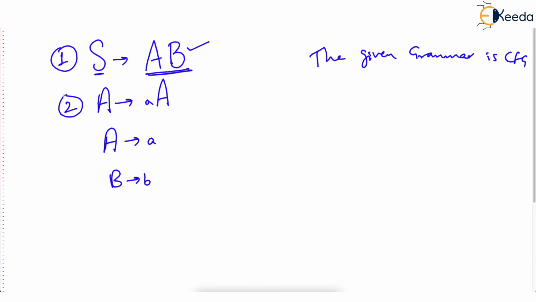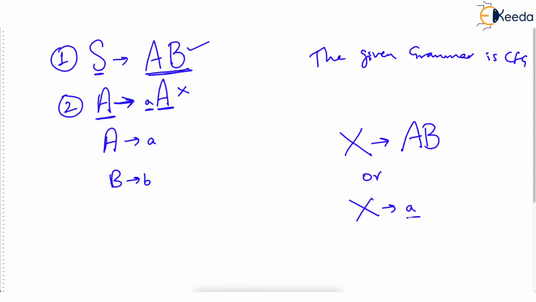The second production, here we have a single non-terminal capital A deriving a terminal followed by a non-terminal. This is not in CNF, because in CNF you can have X derives two non-terminals or X derives a single terminal. But here a terminal followed by a non-terminal is derived.